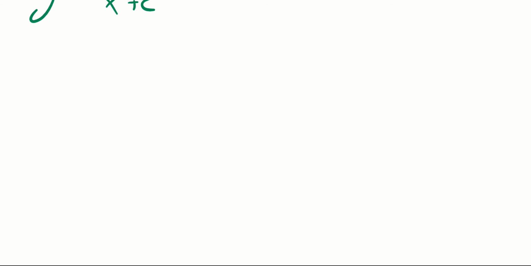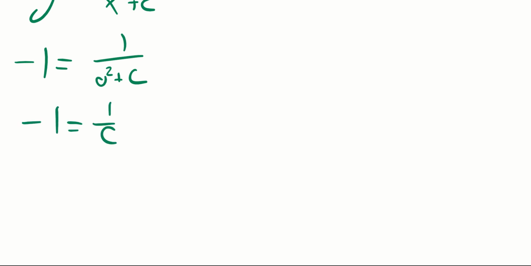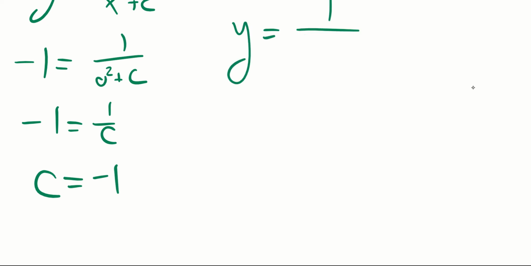So I can plug in 0 for x, and the output we should get is negative 1. So we have negative 1 equals 1 over c. Cross multiply, or reciprocate both sides. Either way you slice it, this should give us the value c equals negative 1. So we get this function, y equals 1 divided by x squared minus 1.